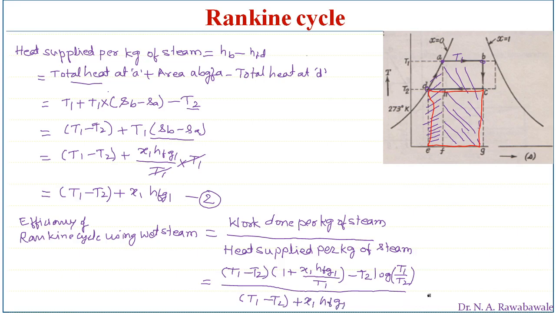So this is equation number 3, the efficiency of the Rankine cycle when it uses wet steam.